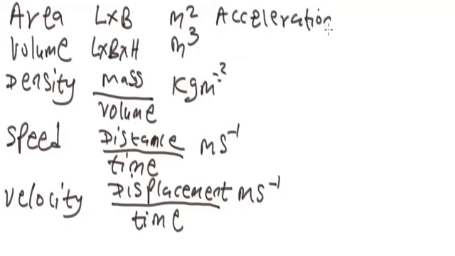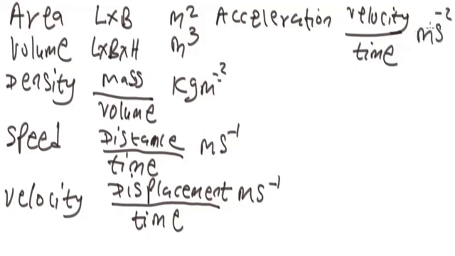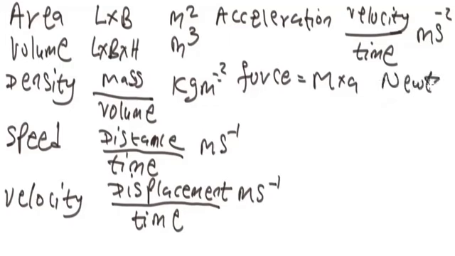Alright, so we also have acceleration, which is calculated using velocity over time. So the unit of acceleration is meter per second square. Okay, we also have our force. So force is calculated using mass times acceleration, and the unit of force is Newton.